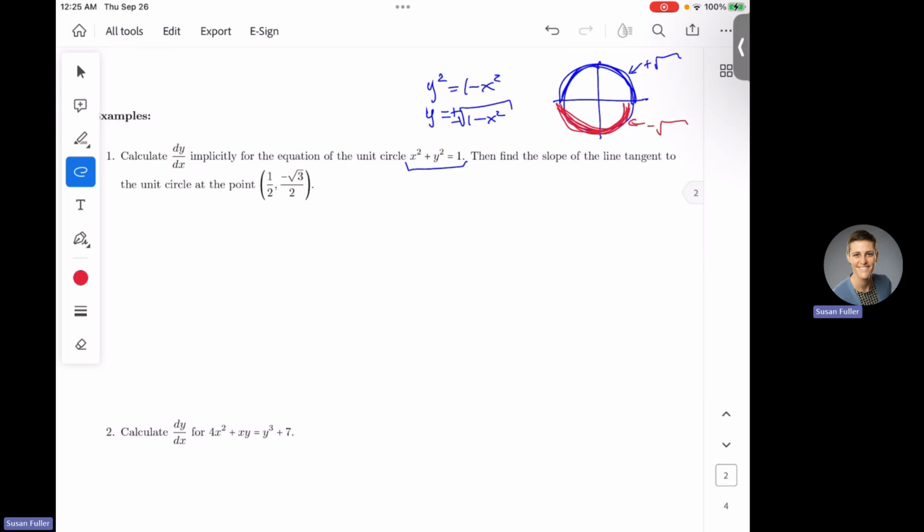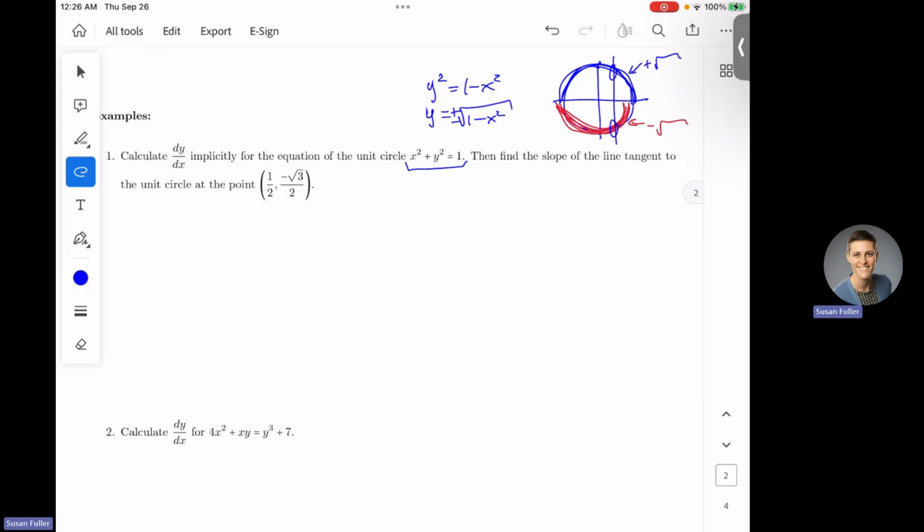But the problem is I can't get the entire circle with one equation. I need two equations to get the whole thing. And the reason for that is because this is not a function when I include both pieces. In order to write this as a function in function notation, I need y equals a single function, but I can't do it.